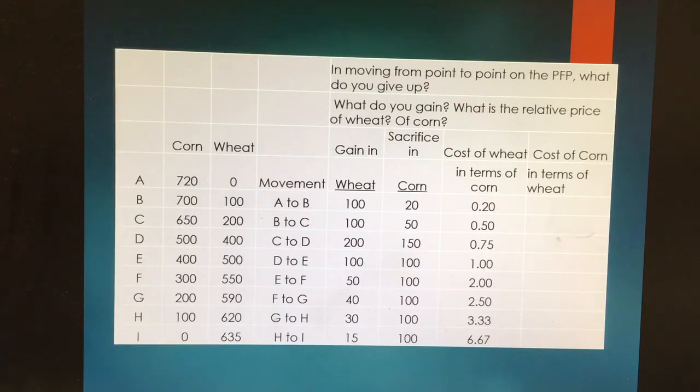So notice by the time you get to point I, where you're producing the maximum amount of wheat, your wheat is going to cost you 6.67 bushels of corn. Now this is still not going to tell us anything about how many units we should be producing, because in fact we don't know what the actual value of a bushel of wheat or a bushel of corn is.